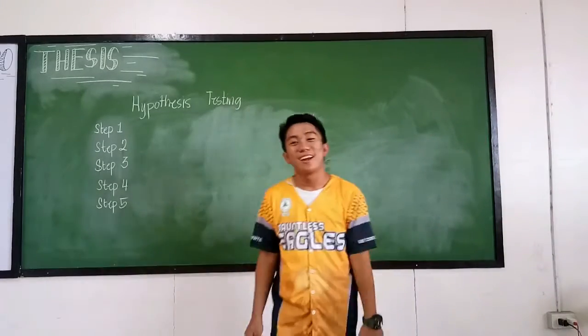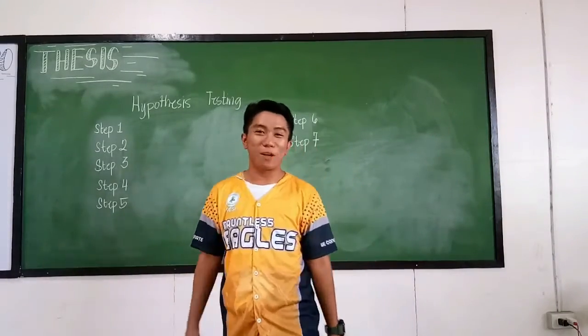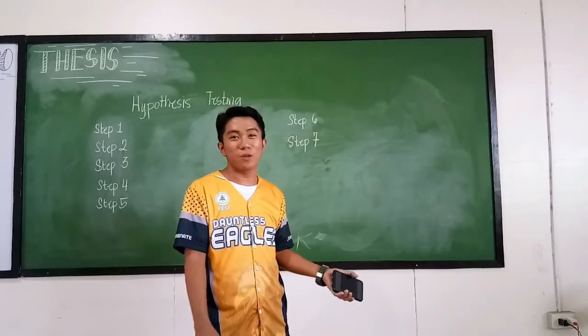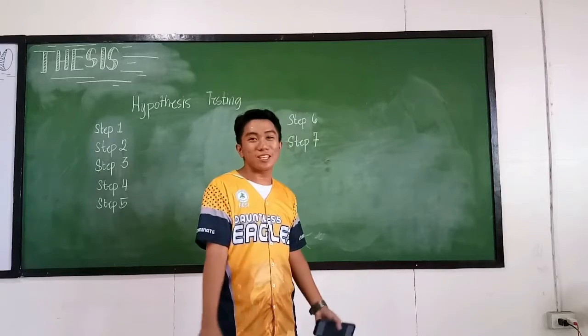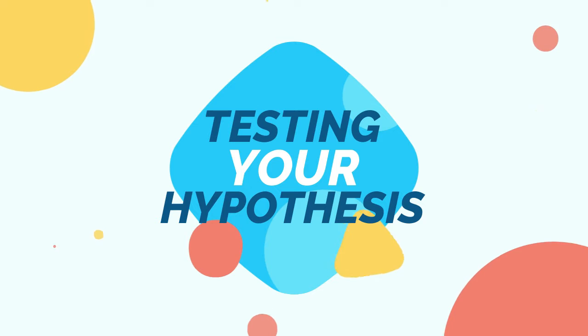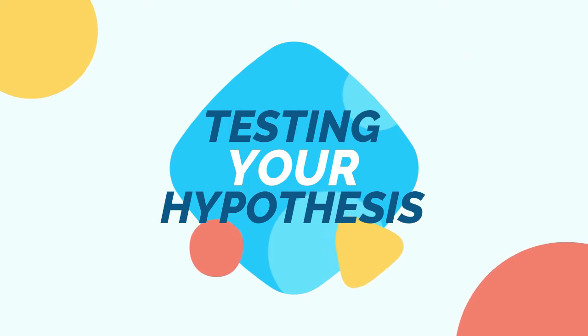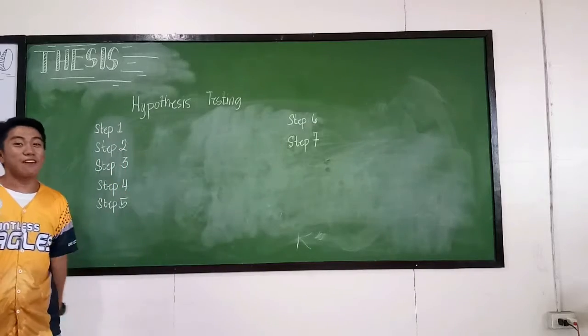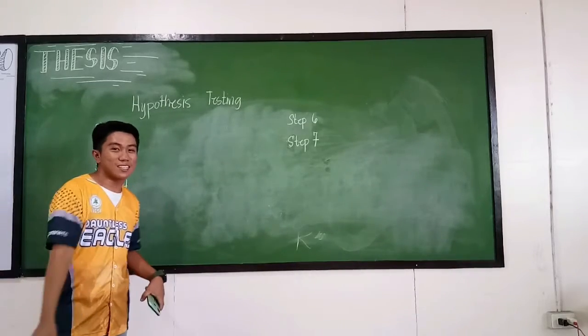Hi guys! Earlier we discussed the two types of hypothesis, which are the null and the alternative hypothesis. Right now I'm going to teach you on how to test hypothesis. As you can see on the board, there are 7 steps on how to test hypothesis.